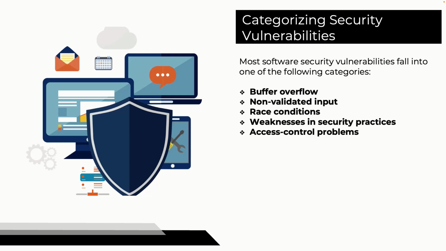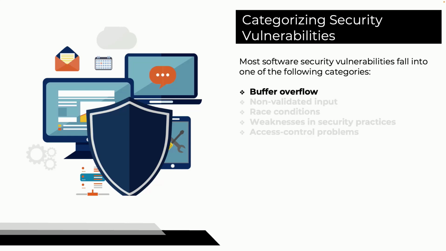After discovering a number of vulnerabilities in various software used by end users, Google formed a permanent team dedicated to finding software vulnerabilities. Most software security vulnerabilities fall into the categories of buffer overflow, non-validated input, race conditions, weaknesses in security practices, and access control problems. So we'll discuss them in general one by one.